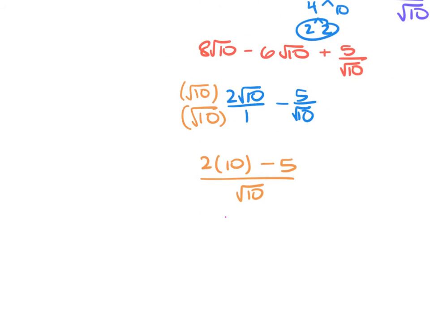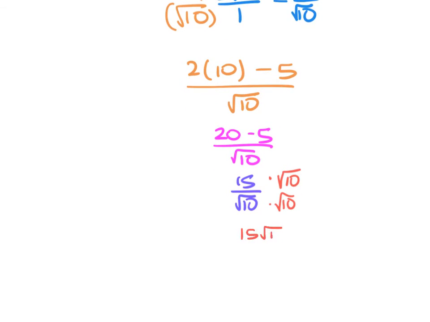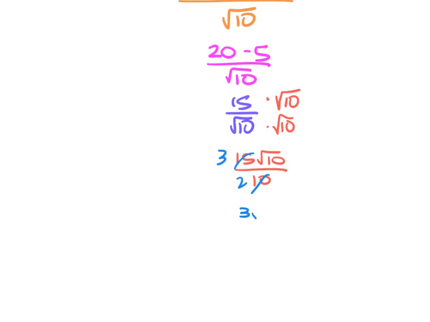So 2 times 10 is 20 minus 5 is 15 over the square root of 10. We multiply top and bottom by the square root of 10. So this is going to give us 15 square root 10 all over 10. The 15 and the 10 simplify to be 3 and 2. So 3 square root 10 all over 2 is our solution.